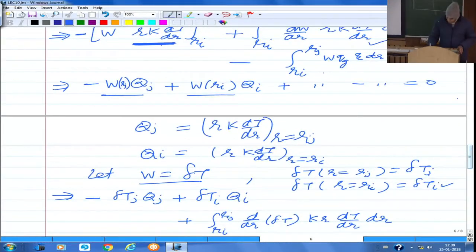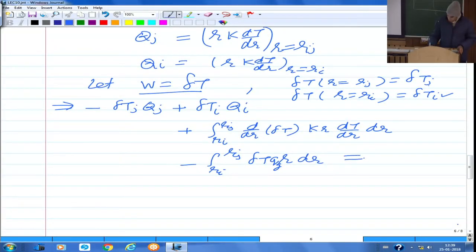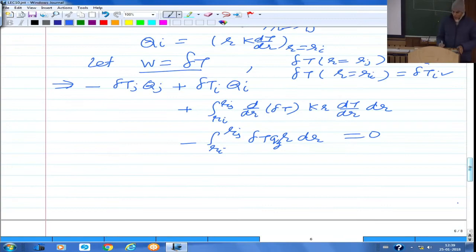We have this term. W is written as delta T Qz R dr. This is equal to 0. So now we are ready with this function here.